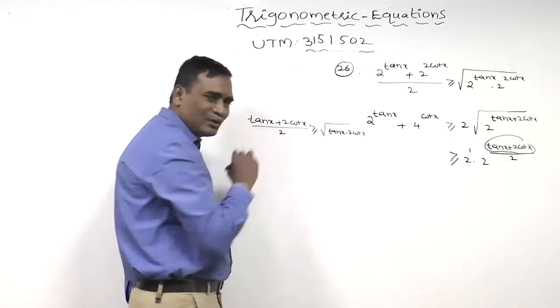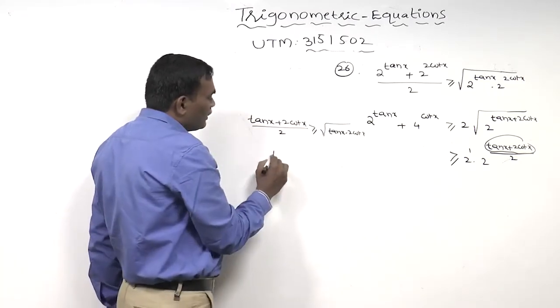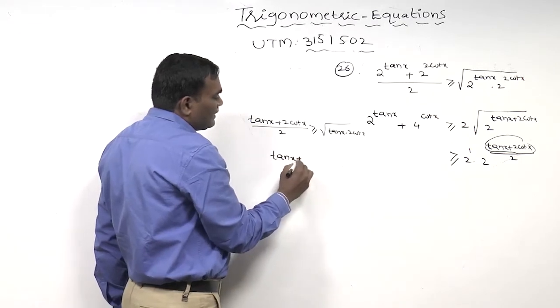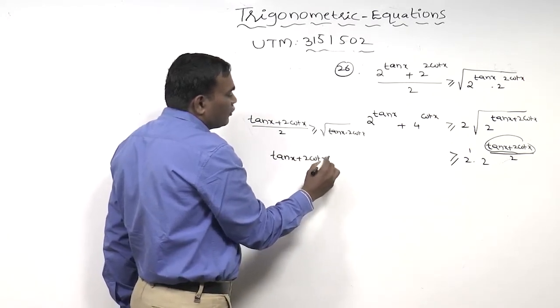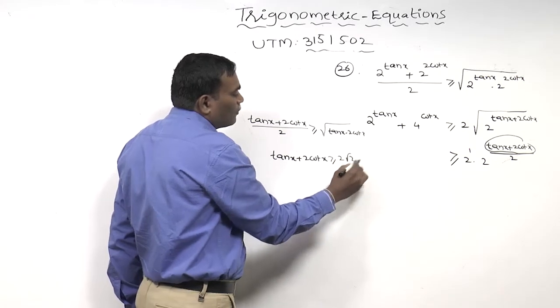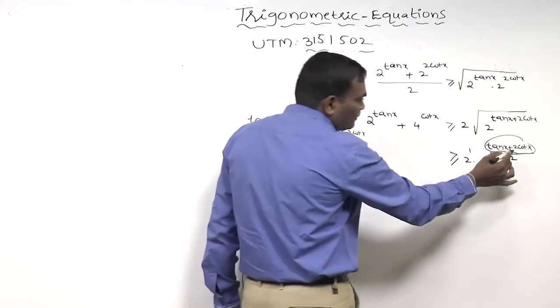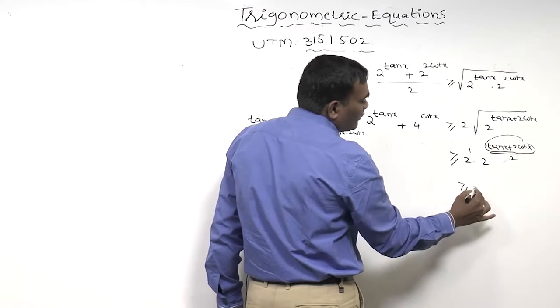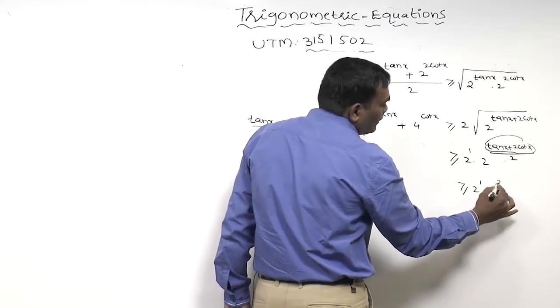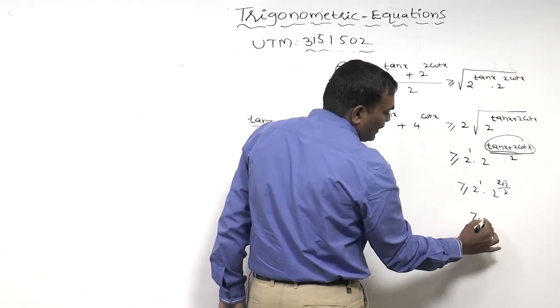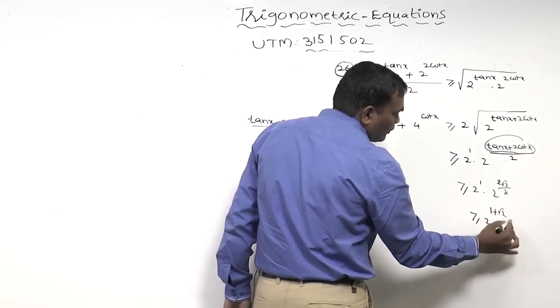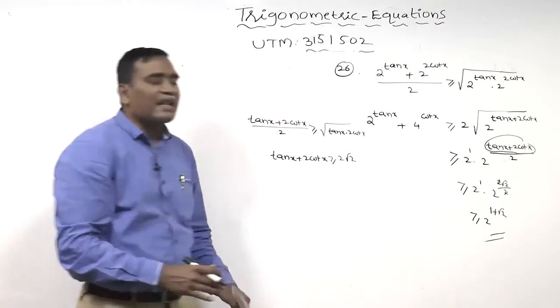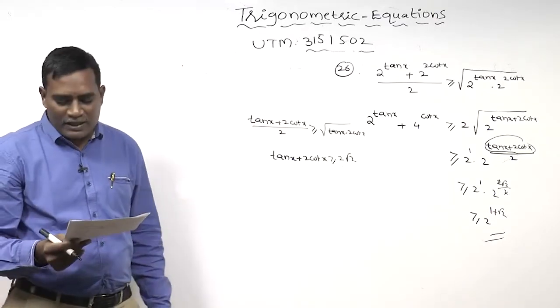What is tan x into cot x? 1. So tan x plus 2 cot x is greater than or equal to 2 root 2. Here you write 2 root 2. It is greater than or equal to 2 power 1 into 2 power root 2 by 2. 2 cancel. Bases are equal, power should be added: 2 power 1 plus root 2. That's why this value is greater than or equal to 2 power 1 plus root 2.